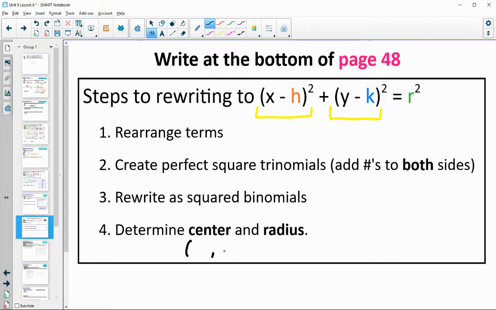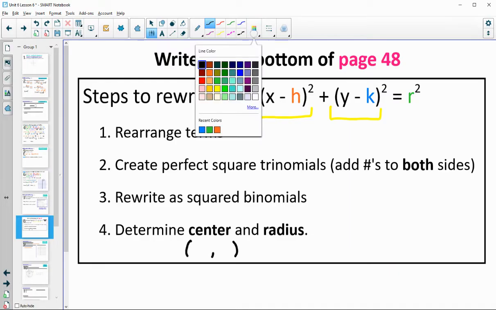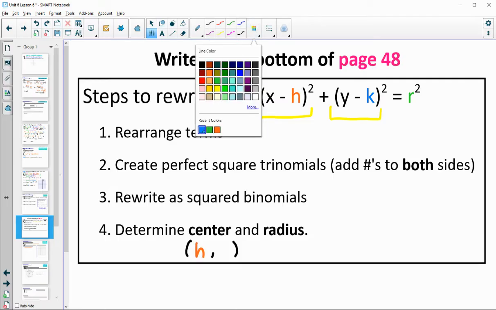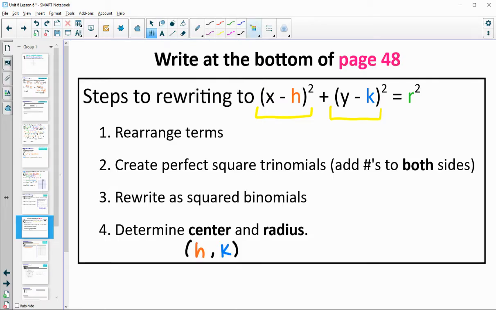Remembering that your center is that (h, k). And then the radius squared is this number, so just make sure that if it's multiplied out, say this says 100, that you square root it to get what r is. Or if it's already written as 10 squared, then you can see that the radius is 10.